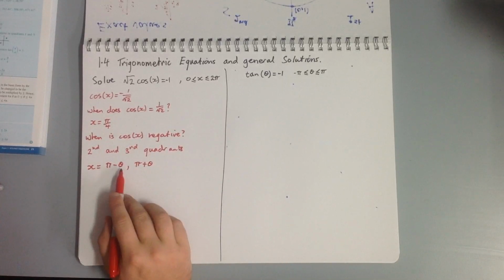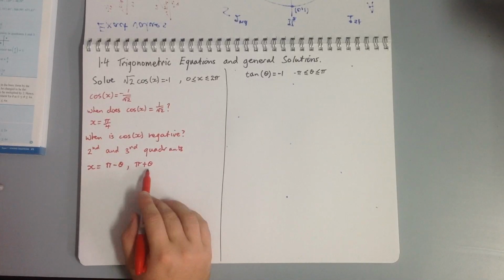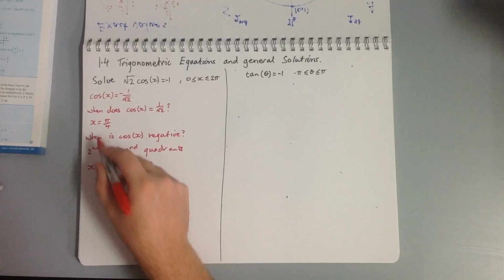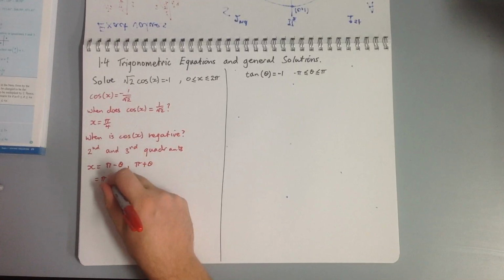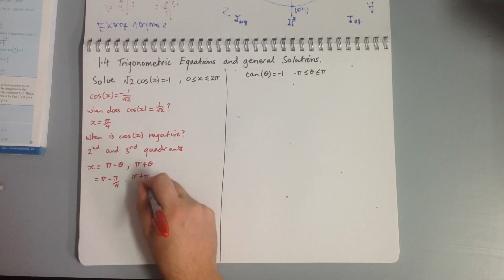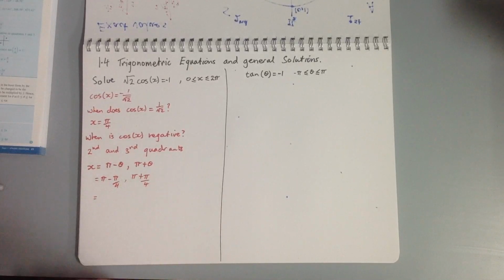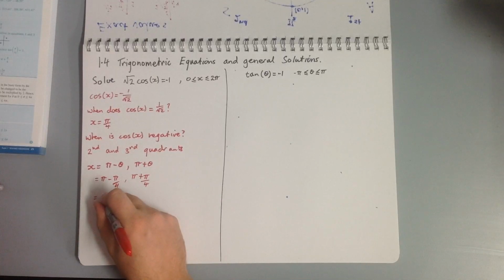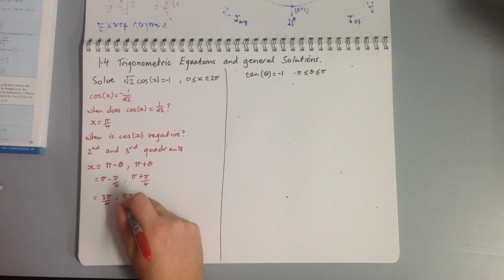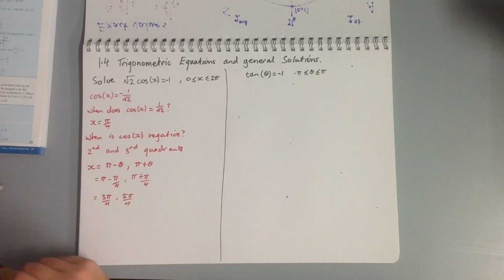This is our second quadrant and our third quadrant. So it's pi minus our basic angle, which we found to be pi on 4, and pi plus pi on 4. We find that is equal to 3 pi on 4 and 5 pi on 4.